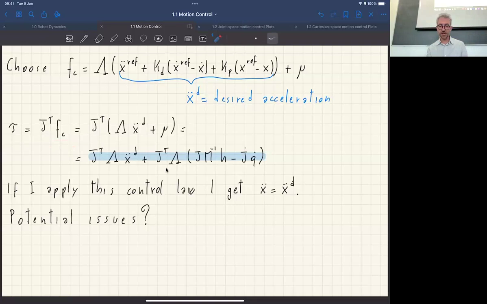So I'm simply going to take this quantity and multiply it times J transpose to get the joint torques. So tau equals J transpose FC, then FC is equal to this quantity here. So I substitute and I get J transpose times lambda x double dot desired plus mu. And then if I want to, I can substitute mu with its definition just to see what's inside in the end. And this is the expression that I get.